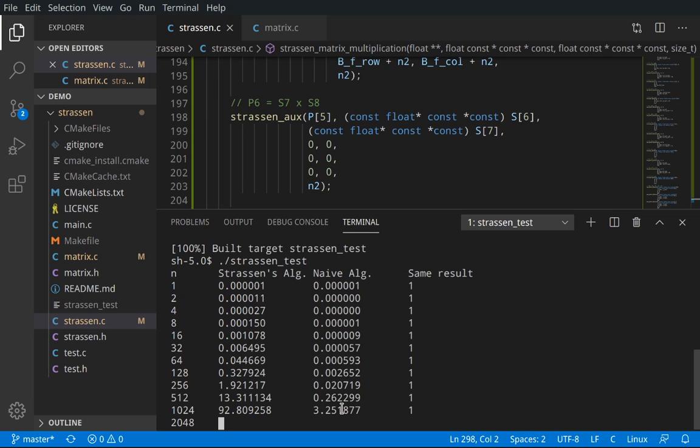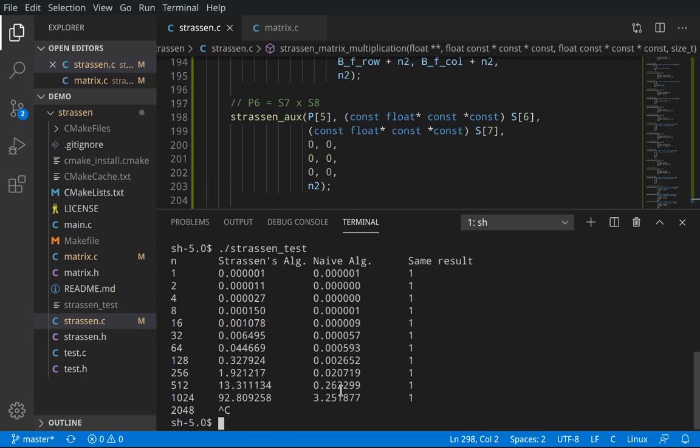So what can we do? Well, as you can see here, for instance in these two lines, let me stop the code because it's basically useless. The growth in execution time of the Strassen algorithm from 512 to 1024 is more or less 9.